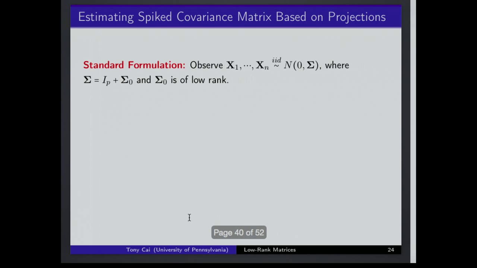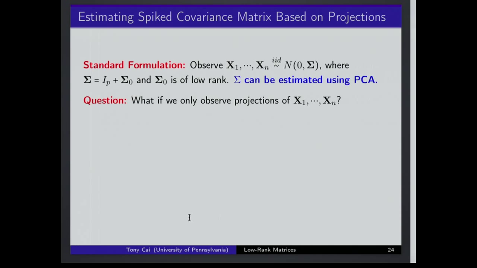It can also be applied, and I'll be very quick with this one, to a standard problem in statistics. You have IID samples and you want to estimate the covariance matrix. If the covariance matrix is spiked, meaning it's the identity matrix plus a low rank matrix, then you can use PCA to solve the problem.